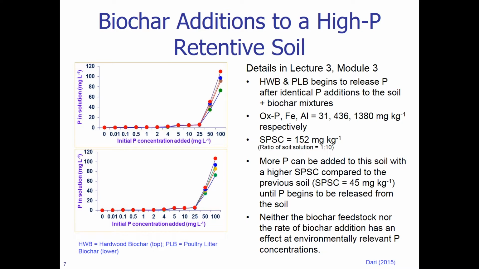So more P can be added to this soil with a higher SPSC compared to the previous soil where the SPSC was 45 milligrams P per kilogram, until the P begins to be released from the soil. So neither the feedstock nor the rate of biochar has an effect at environmentally relevant P concentration.